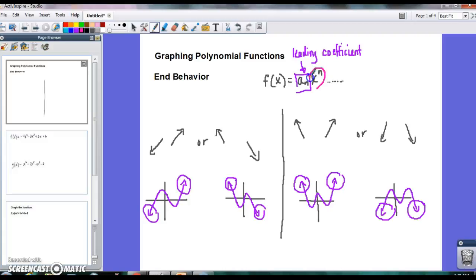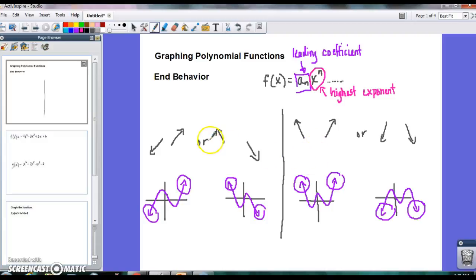This right here is, they don't call it a leading exponent, but it's your highest exponent. Remember that we always write our functions in standard form, meaning our highest exponent is first and then we write them in decreasing order. These 2 things dictate what happens at the ends of your graph. This is how you tell what your end behavior is.